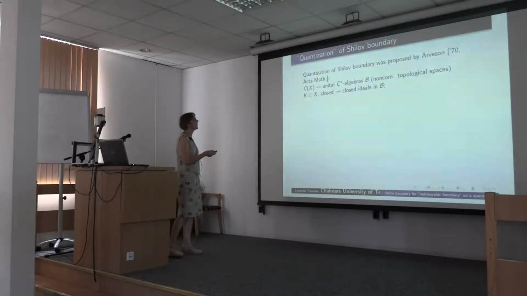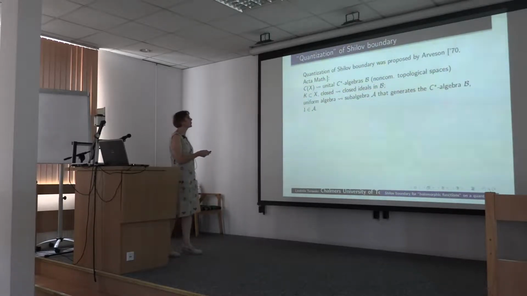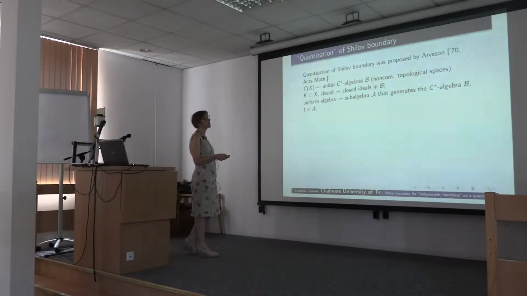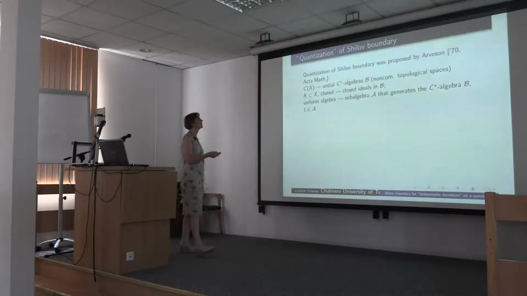Then a closed subset I replace by a closed ideal in B. And for the uniform algebra, I will consider a subalgebra A that generates the C-star algebra and contains the unit element of B.